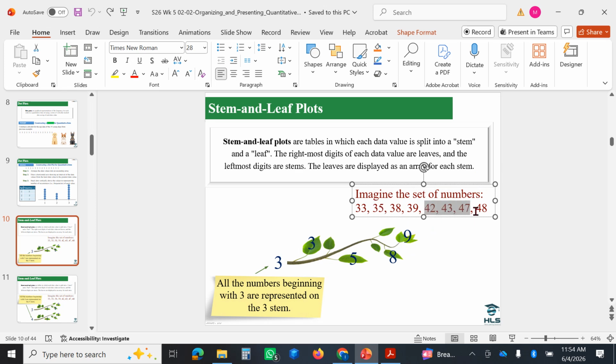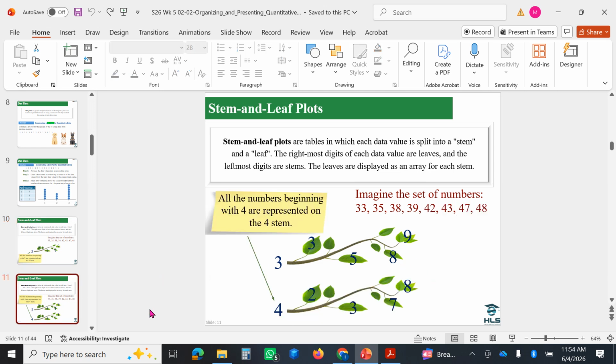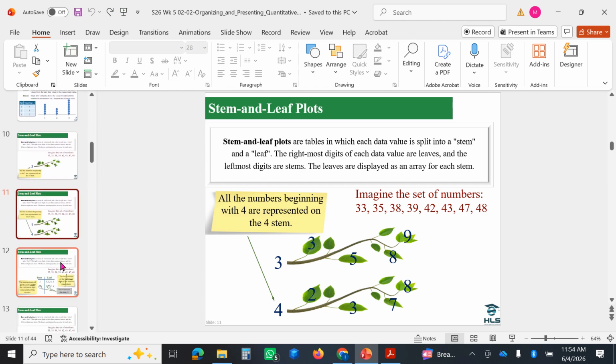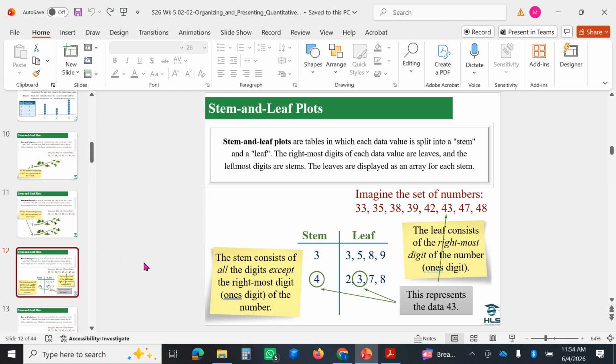In order to do these numbers here, I would need to make another stem where it would start with 40s and 42, 43, 47, 48, which is what we have here. Now, how do we easy peasy represent this? These are quite nice. Okay, let's have a look.